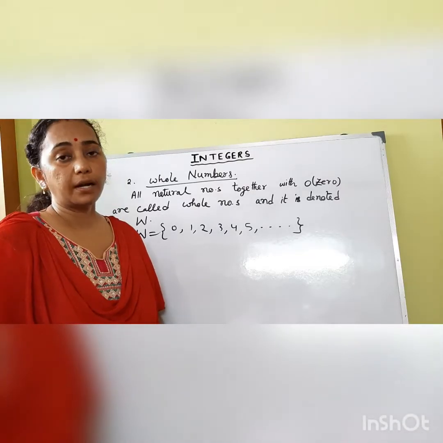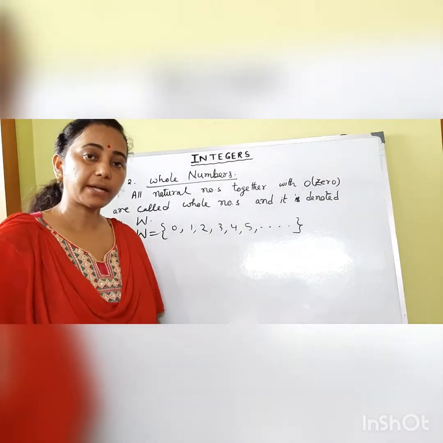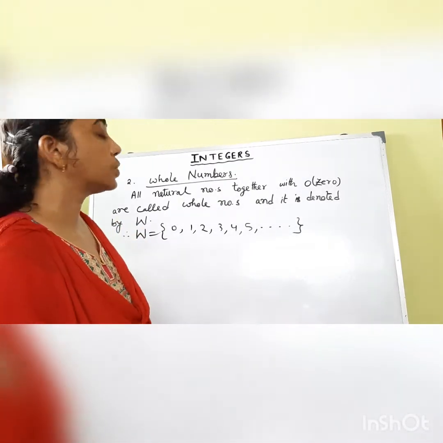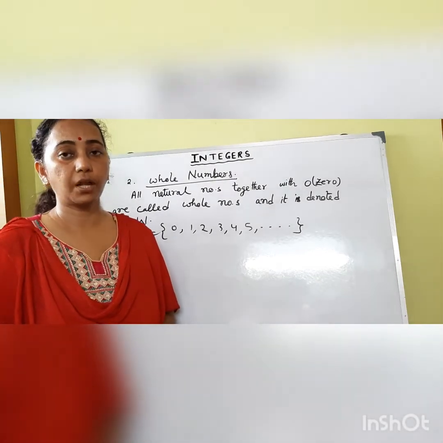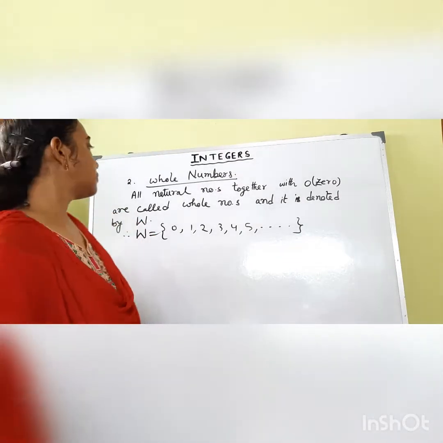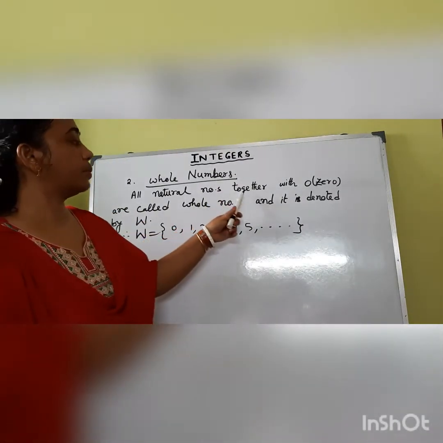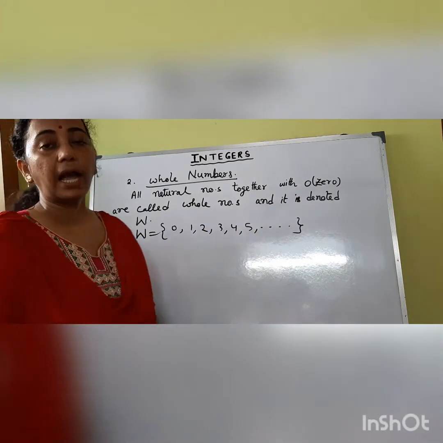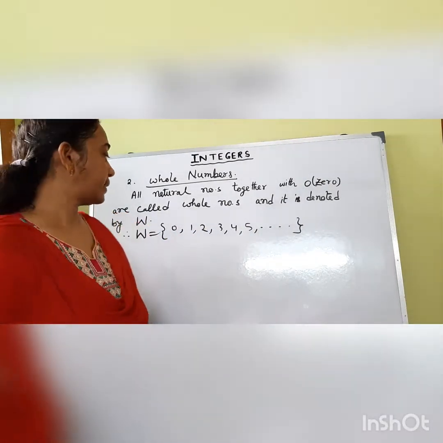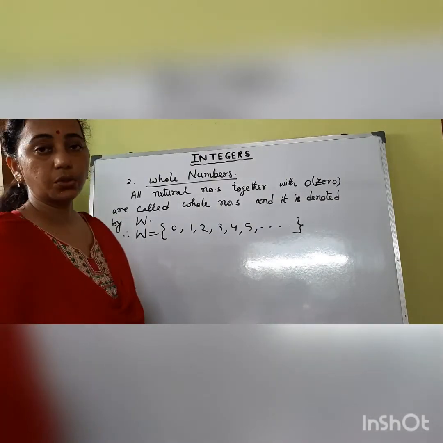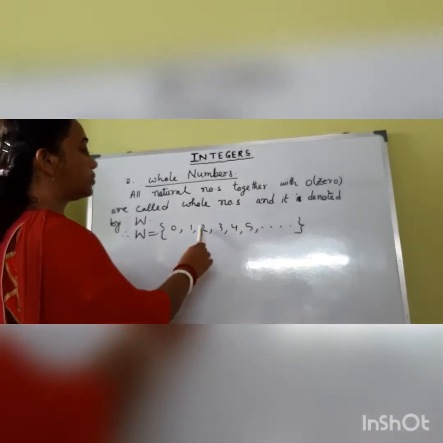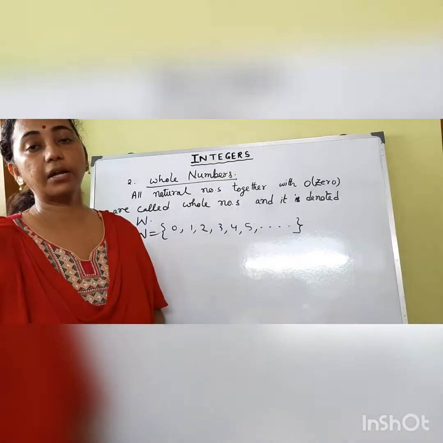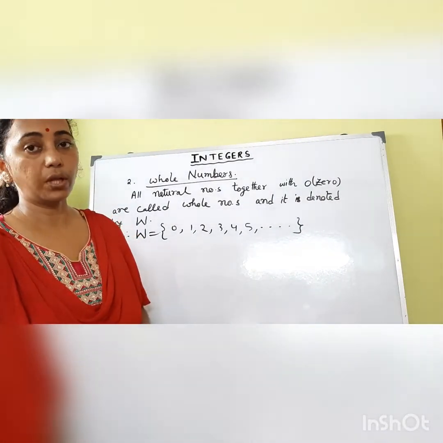Now, when a natural number is subtracted from itself, we get 0, which is not in the set of natural numbers. Thus, we can say that all natural numbers together with 0 are called whole numbers, and it is generally denoted by the capital letter W. So W is equal to 0, 1, 2, 3, 4, 5 and so on. The dots show that there are infinitely many whole numbers.